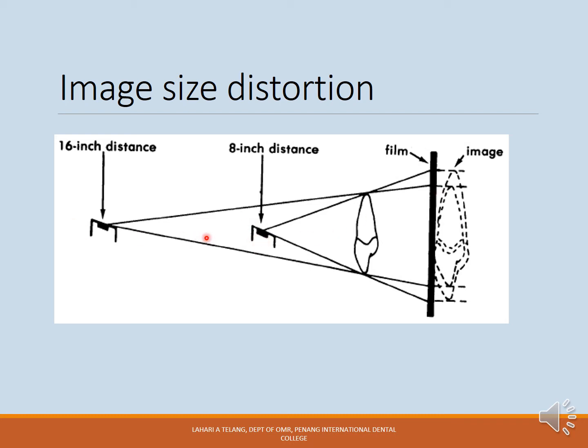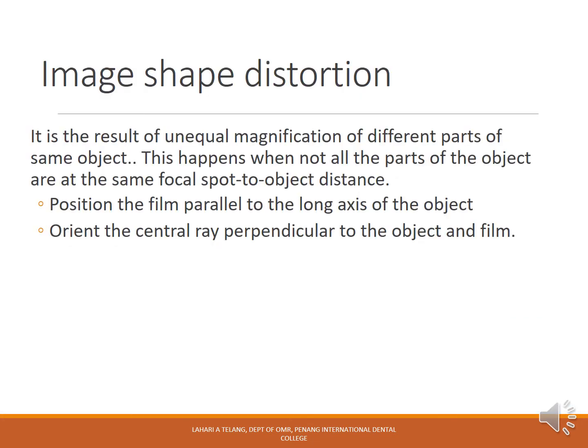Anything lesser or more than that would result in the size of the image being distorted. So 8 to 16 inches translates to 20 cm to 40 cm. That means it's important to place your X-ray cone, or your source of the X-rays, within this distance to the patient's cheek or tooth.